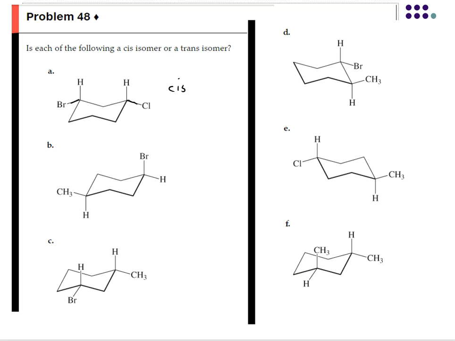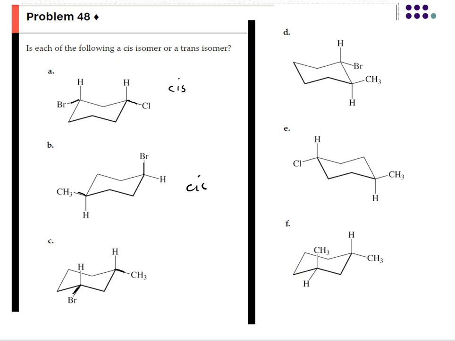All right, so for part B, this bromine's pointed up, and this methyl group is slightly pointed up. They're both in the up direction, so therefore this is going to be the cis. For part C, this methyl group is slightly pointed down. That means this one would slightly point up, and that means that that one is actually slightly pointed down.